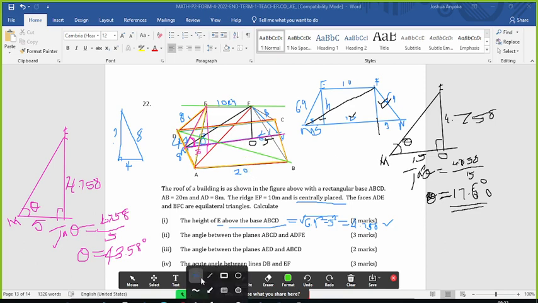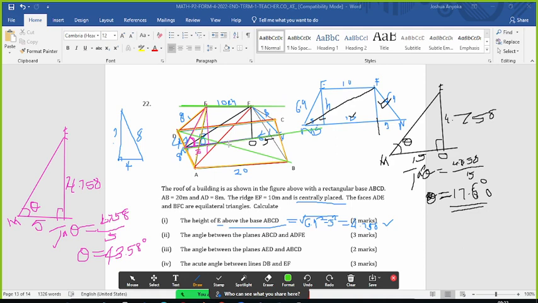So if I translate line EF, it will land at line MN. Kuisongeza chini tu, it will land at line EM. So line EF lands at line EM.